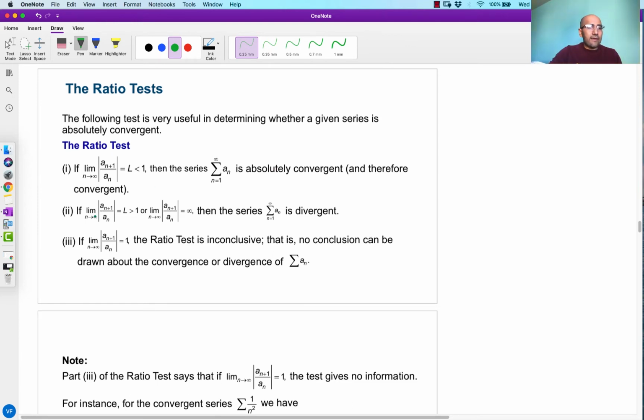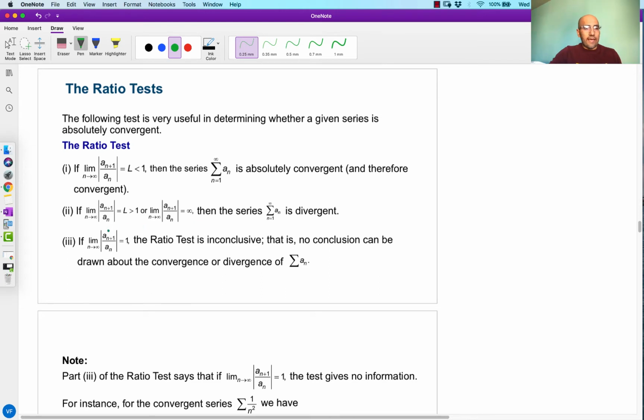On the other hand, if the limit as n goes to infinity of the absolute value of a sub n plus 1 over a sub n is equal to some constant that's greater than 1, or if it just grows to infinity, if the limit does not exist and grows off to infinity, then the series is divergent.